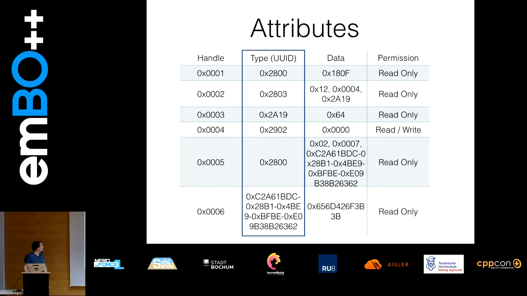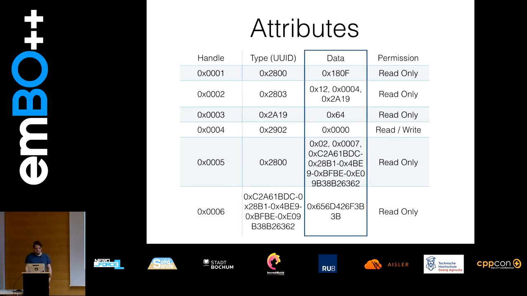For a typical attribute table, most attributes have a type UUID that is just 16-bit long. The data column is data of arbitrary length and has to be interpreted with the type, the second column, in mind. The second column defines how you interpret this data.